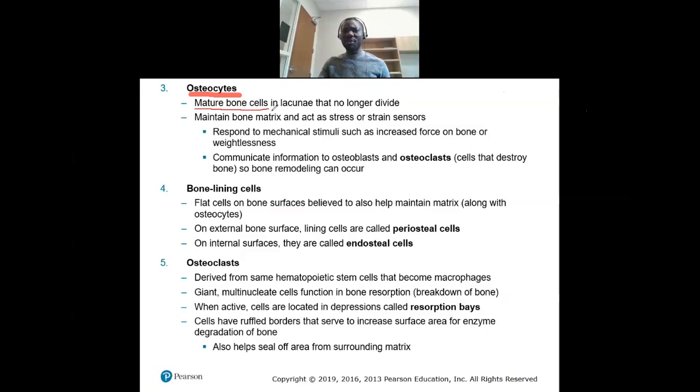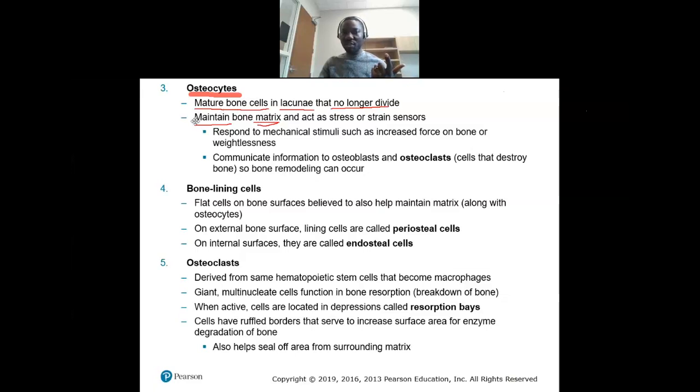Now, they are mature bone cells and they are located in a shell called lacunae. It's like you have peanuts inside the shell. They don't undergo mitosis. They don't divide. They are mature already. What they are doing, their job, is to maintain the bone matrix. The bone matrix, again, I told you is collagen fiber and calcium phosphate or calcium carbonate.